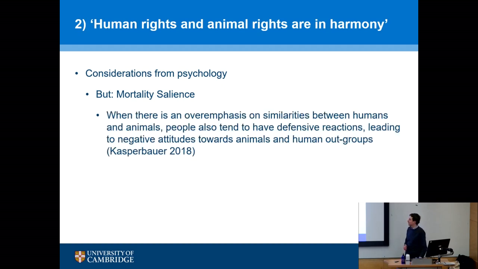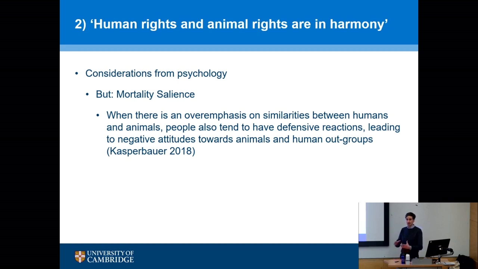Now, very briefly, the picture is somewhat more complicated. There's another concept that doesn't feature in Will's article, and that's the concept of mortality salience. It turns out that human beings tend to be reminded of their own mortality if they get too close to animals.